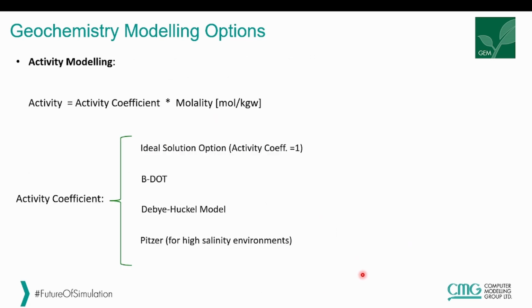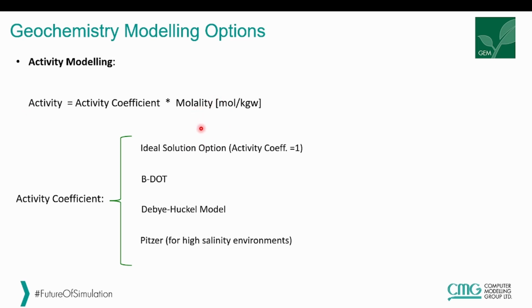We mentioned activities. Activity modeling in GEM is done by calculating the activity coefficient by a number of possible modeling options. The activity is the activity coefficient times the molality for each species. Molality, of course, being moles over kilograms of water. The activity coefficient is either set to 1 in the ideal solution option, which basically assumes that the activity of each species is the same as the species molality.